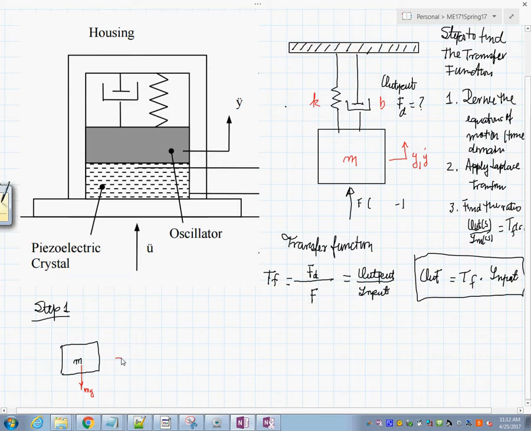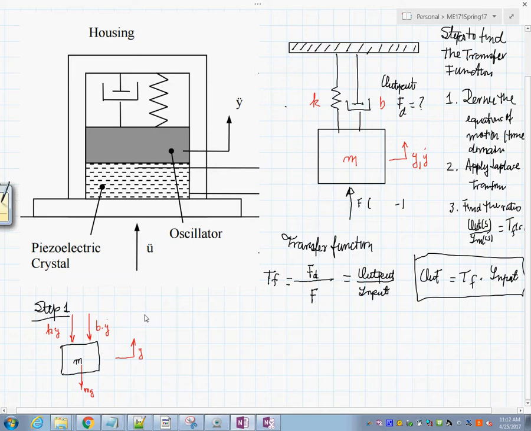If I actually move this up, I'm going to get opposing forces. One is k times y, and then this other one is going to be b times y dot, right?